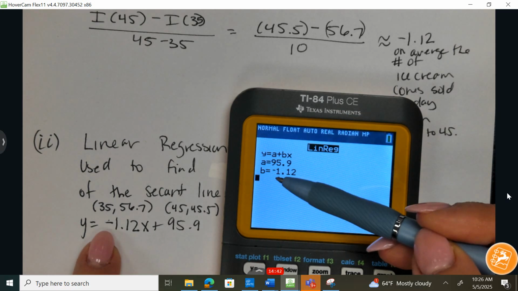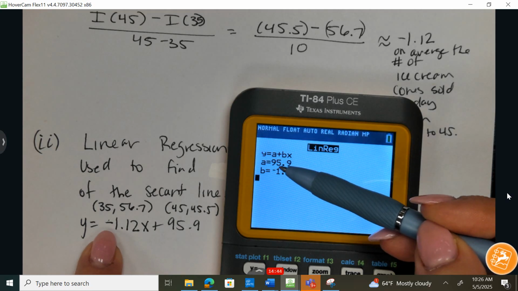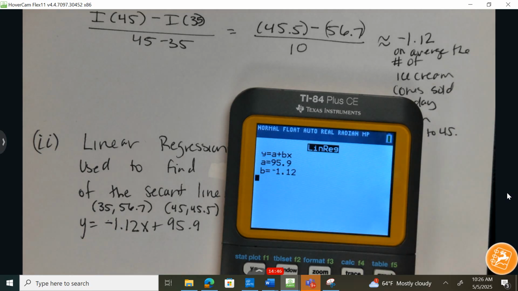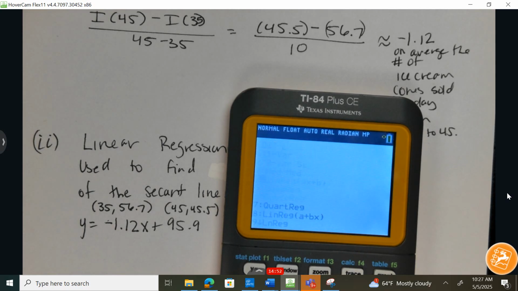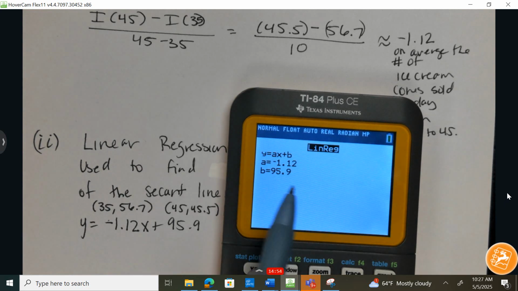So I have negative 1.12 plus 95.9. In fact, I think there'd be less problems if we did it like this, and we can see the value stuck with the a is going to be right here. So it's negative 1.12x plus 95.9.